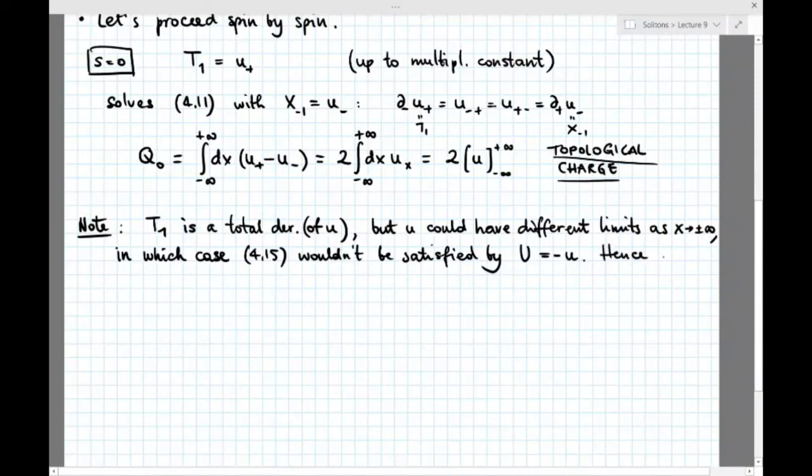And when that is the case, the topological charge will be non-trivial, meaning that it's not automatically equal to 0.